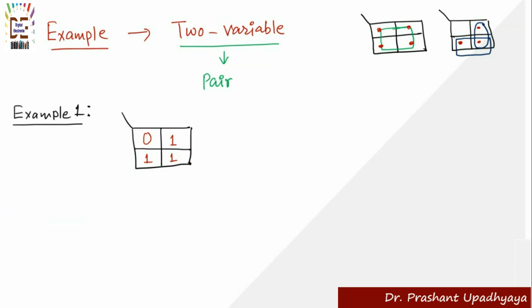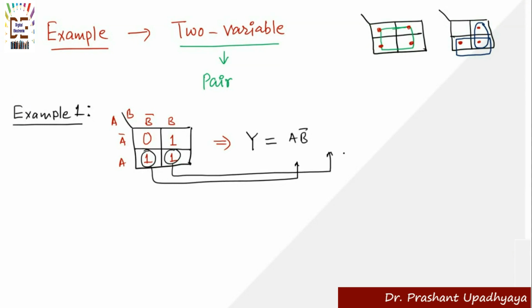So if I write this individual function, let's say this is my A and this is my B. So this will be A bar, this is A, this is B bar, and this is B. Now if I have to write a function of this like Y, what will be the answer? A B bar. Okay, what will be the answer for this? Plus A B. What will be the answer for this?